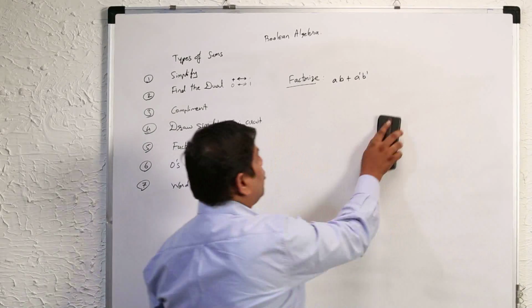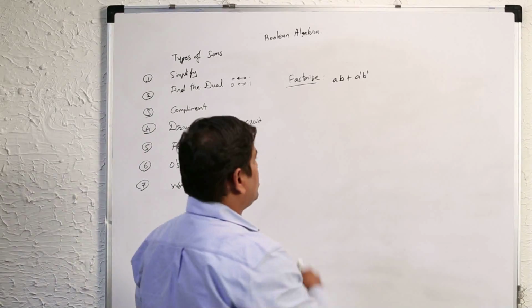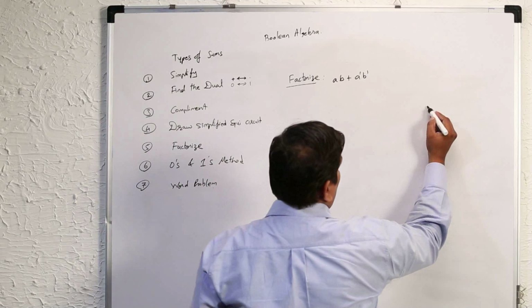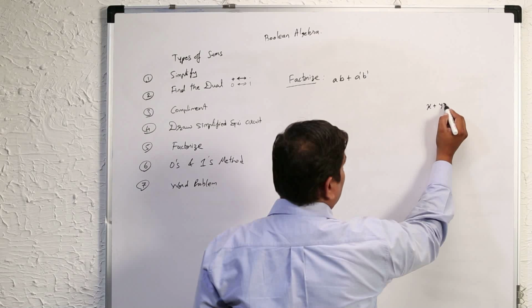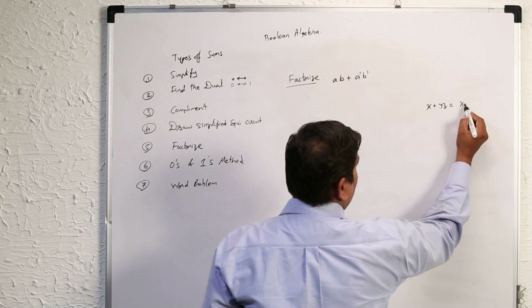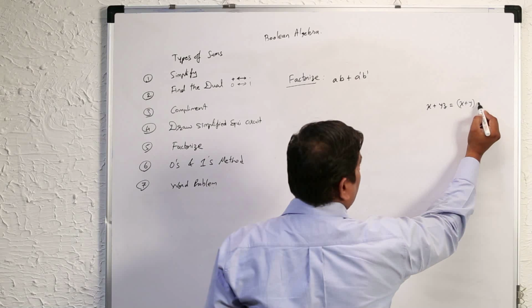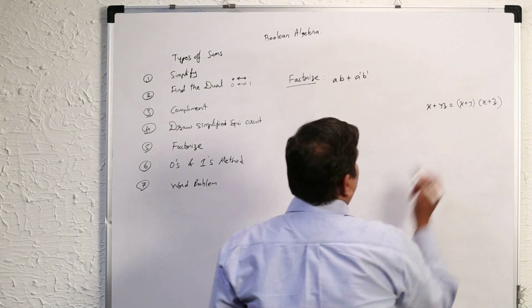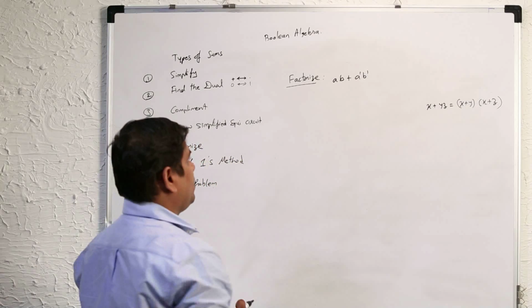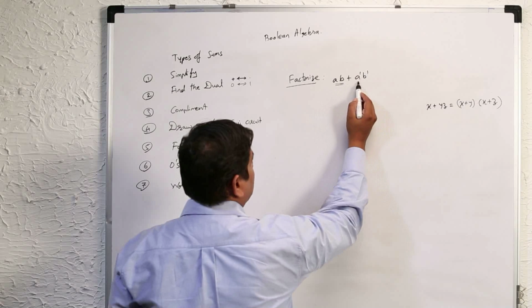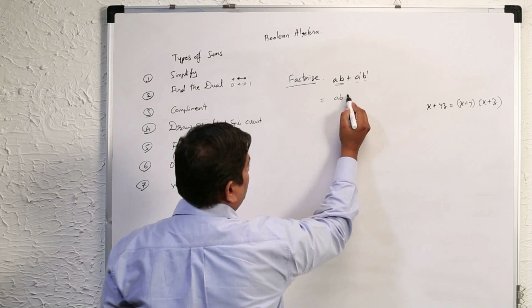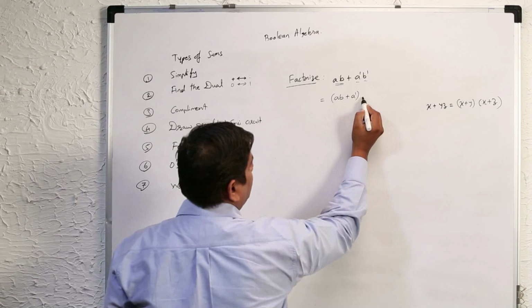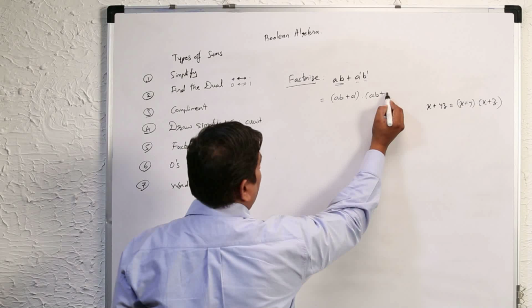The property which we are going to use here is the distributive property. We call it the dual of the distributive property, that is x plus yz is going to be x plus y dot with x plus z. Now let us see. Consider this as x and this is y and z. Use this property and you get ab plus a dash dot with ab plus b dash.